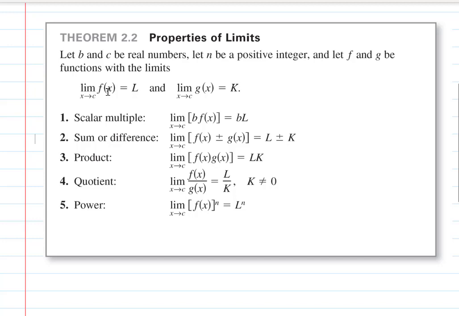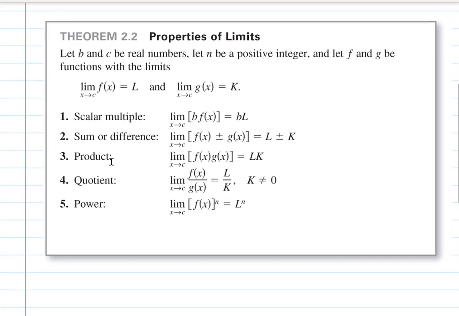So if f and g are functions with limits that already exist, we say the limit of f as x goes to c is L, and the limit of g as x goes to c is k. Let's say those limits exist, then all of these properties are going to follow. The limit of a multiple of the function f would be equal to that multiple times the actual limit, right?